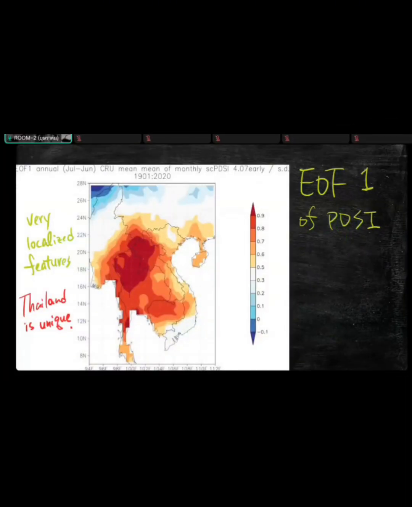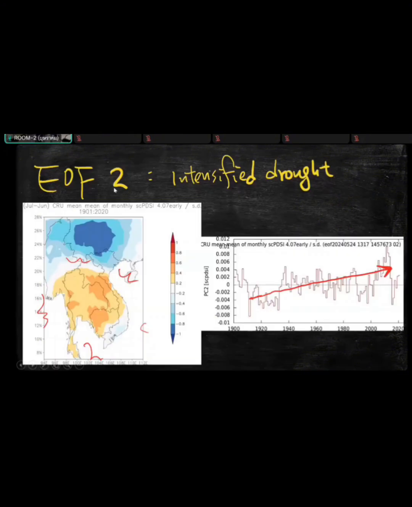If we apply the EOF analysis onto drought data over Thailand or this domain, this is the first mode. It accounts for about 35% of the variance, which is quite big, because the second mode accounts for about 14% of the variance, showing this north-south shift.